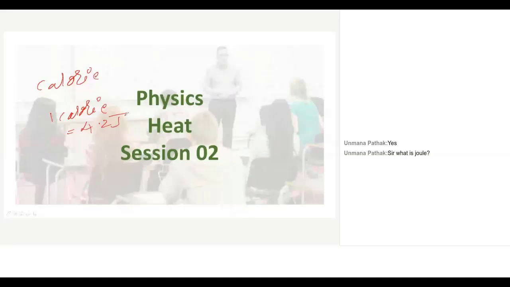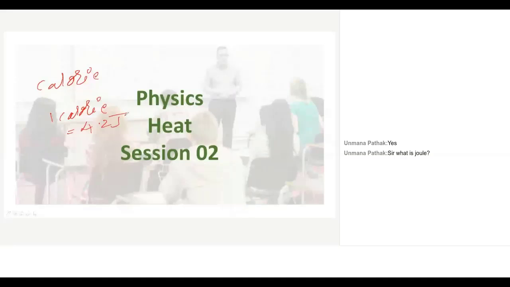Okay, Unmana, what does joule mean? It is the unit of energy in SI. To measure any physical quantity, we need a unit, and that unit will be of 3 different types: CGS, FPS, and MKS.